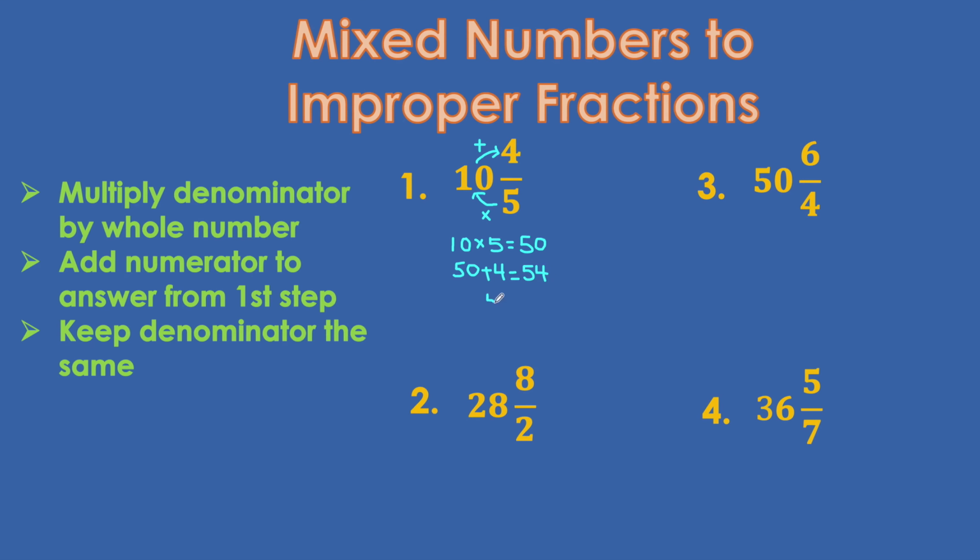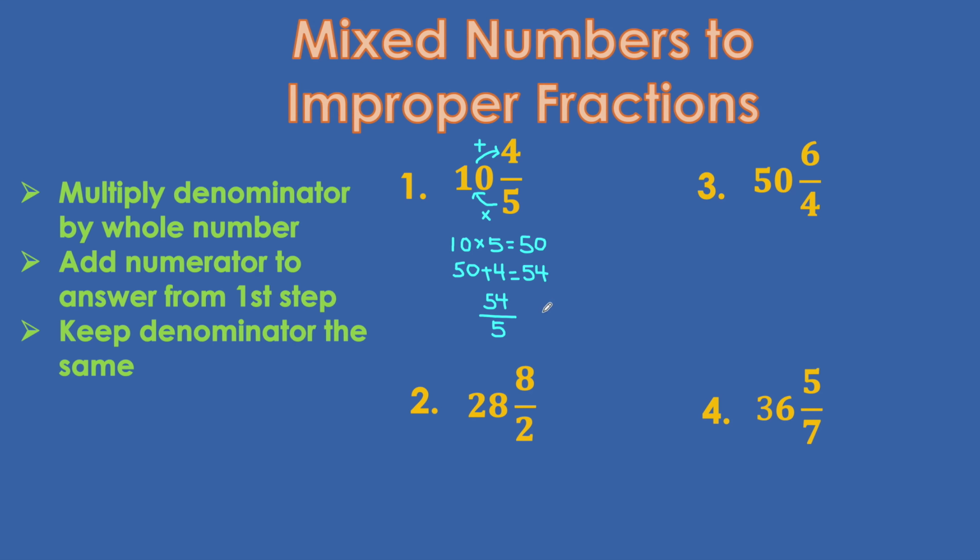Let's write it down here. 54. And our denominator is just going to be that same number on the bottom. Our denominator is the same number. It's going to be kept the same. So we have a 5 on the bottom, and it's going to stay like that.